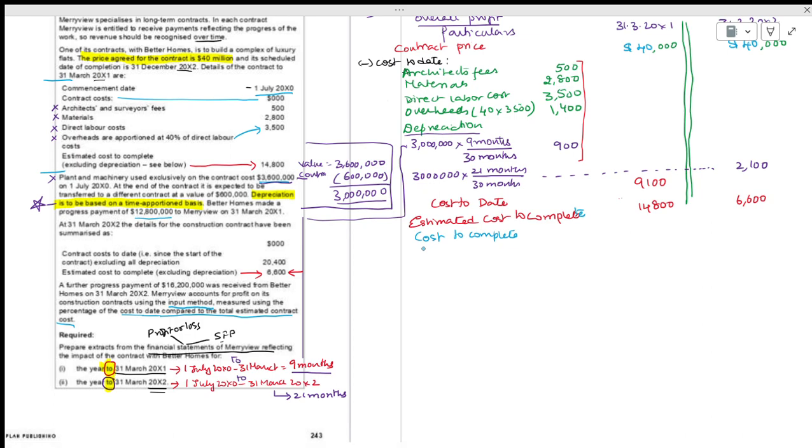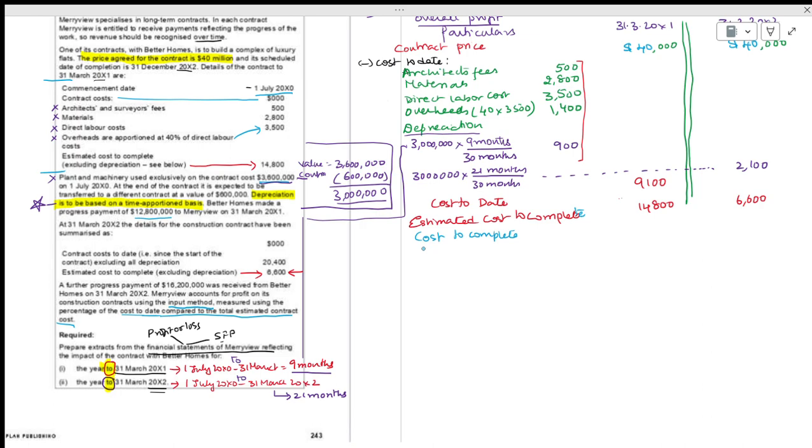Here, how much depreciation have you taken? In the first case 900. In the second case how much have you taken? 2,100. This is a separate case. If you want to take the depreciation, this 900 we have taken. If you want to know the total, what happens after this period, we have to take that cost also.